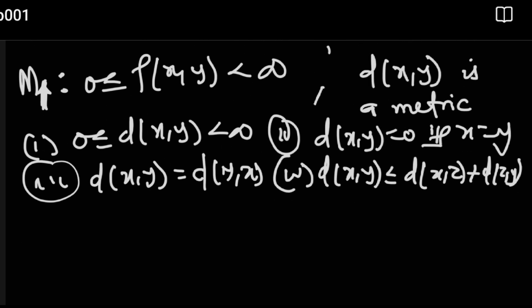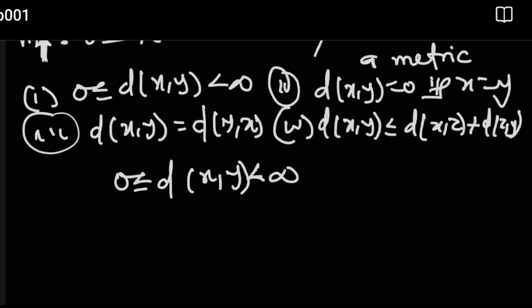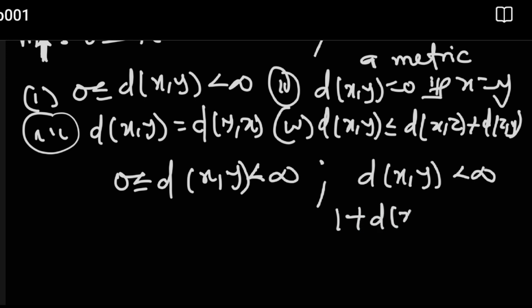So using this first one, 0 less than or equal to d(x,y), we know that d(x,y) is less than infinity, right? From d(x,y) less than infinity, we know that 1 plus d(x,y) will also be less than infinity. d(x,y) is a distance, which is not infinity, it is less than infinity.